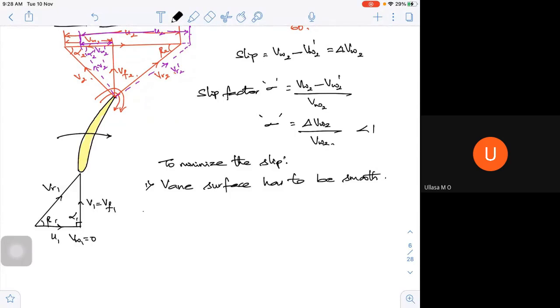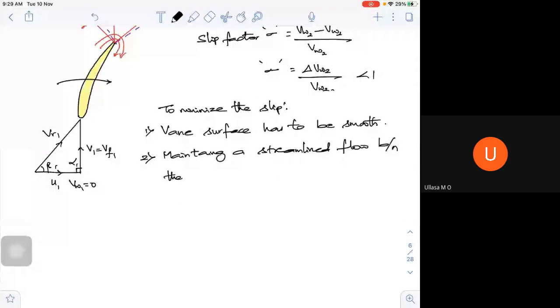Okay. Then try to maintain a streamlined flow between the blades or vanes.